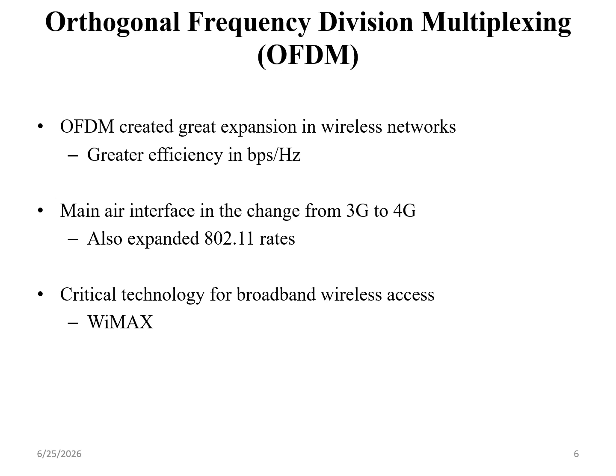So how did OFDM create great expansion in wireless networks? Through greater efficiency in bits per second per hertz. Bit per second is nothing but time, and hertz is nothing but frequency. So it created great expansion in wireless networks through greater efficiency in bits per second as well as hertz.